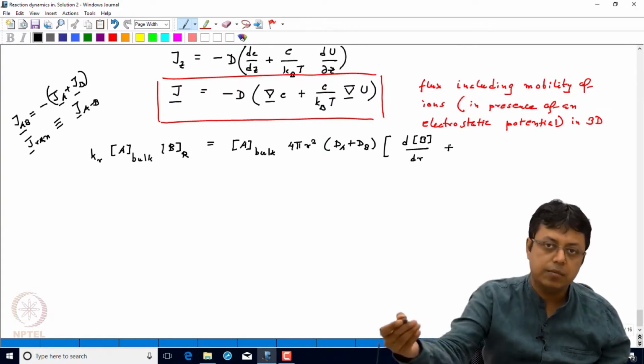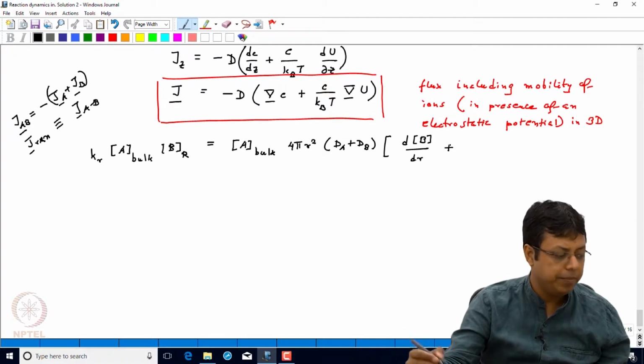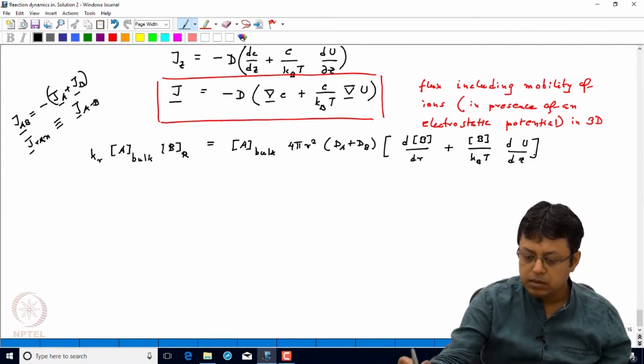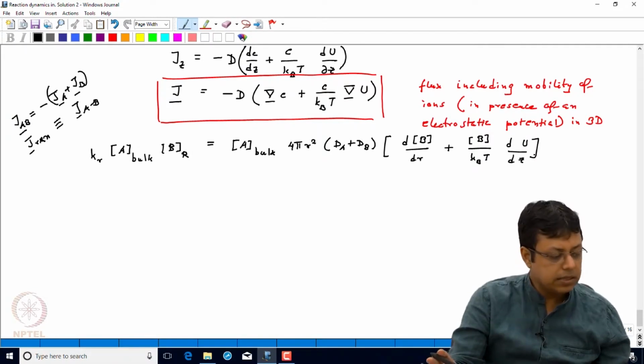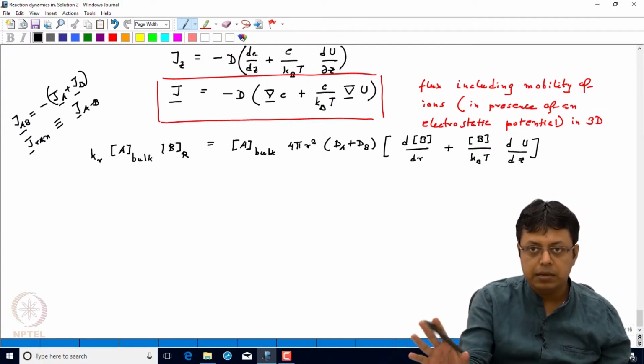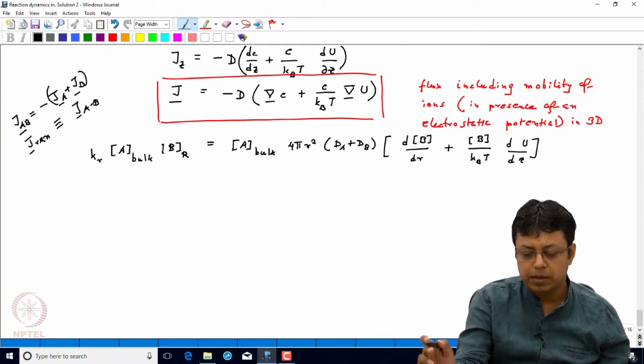Radius means the distance from the central ion, which is A, plus B divided by kBT, times the potential derivative du dz. This is the overall expression, because remember that C is basically the concentration. Instead of C, I am just writing B in brackets, which represents the concentration of B.